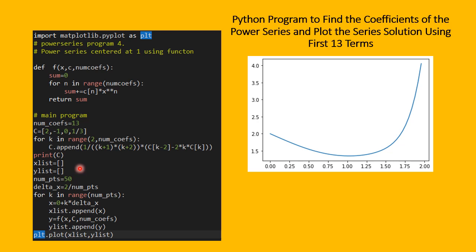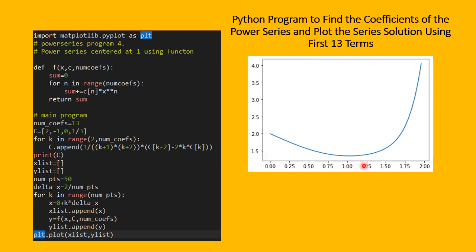And now, once we have everything we need coefficient-wise in this list C, we can start getting ready to plot the graph. I'm going to, in the rest of this program, look at two lists, X list and Y list. When this code down here executes, X list will fill up with values of X that are in this graph.